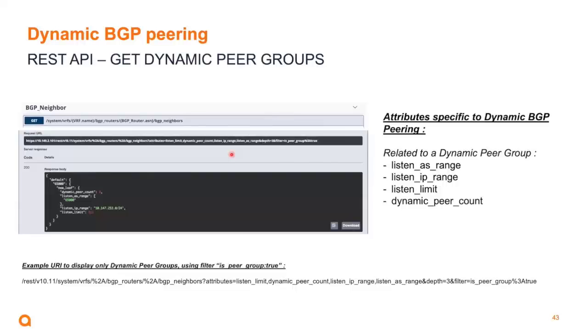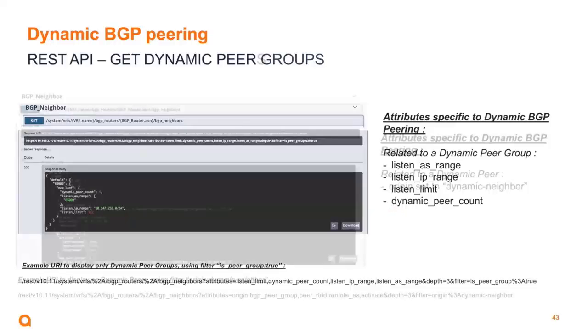The last thing is obviously that we support REST API, so we can get all the information using REST API requests. For a given peer group, we can get the IP range, the optional AS range that we allow, the optional maximum client limit, and also the number of dynamic peers with an already established session.